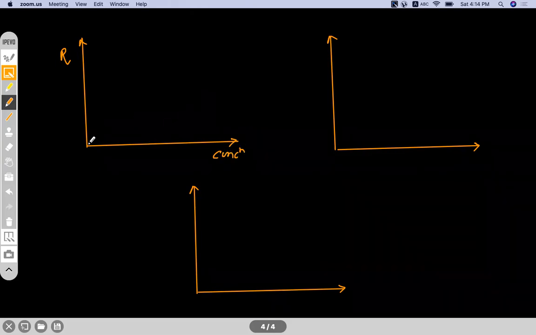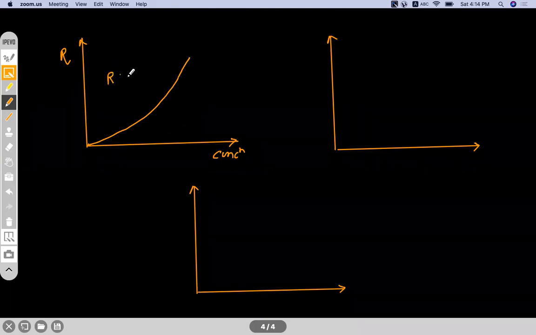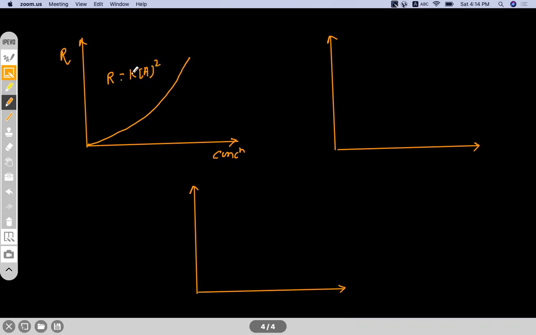We know the relation, the graph goes like this, because we know R is equal to K times A square. If we plot rate against concentration square, the graph will be a straight line passing through the origin. The relation is this only. We have this graph.